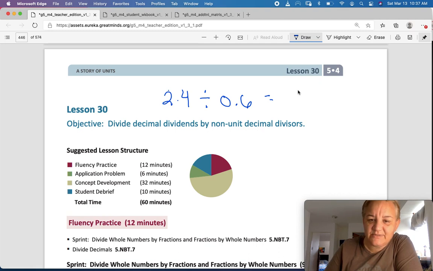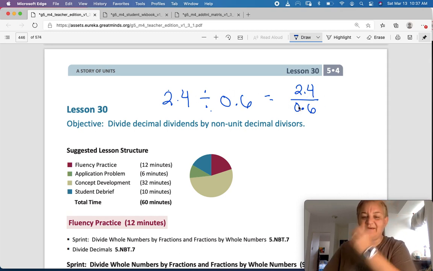So we can rewrite this as 2.4, or 2 4/10, over 6/10. And after we've converted that into a fraction, because division is fractions, 2 4/10 divided by 6/10 can be written the same way.